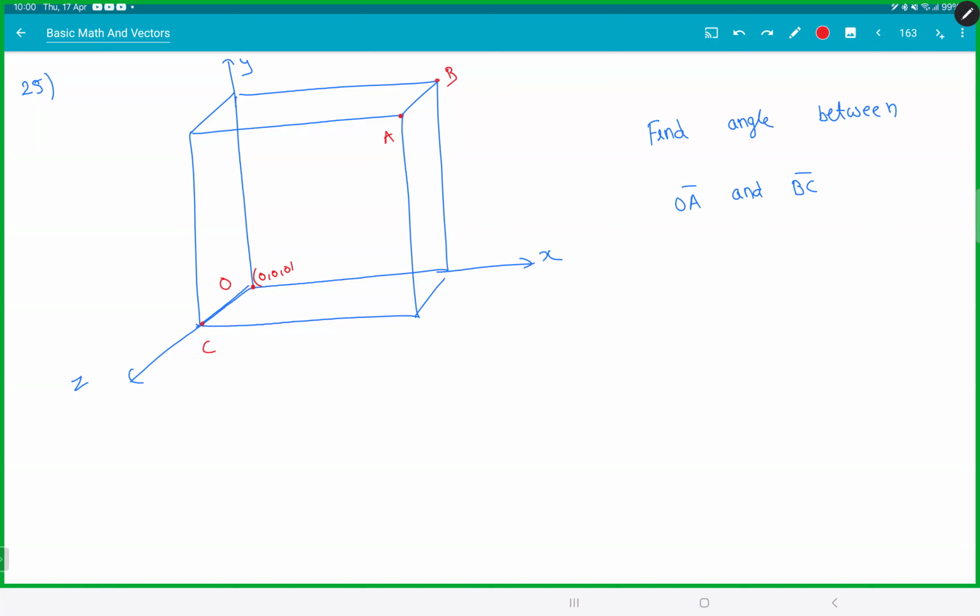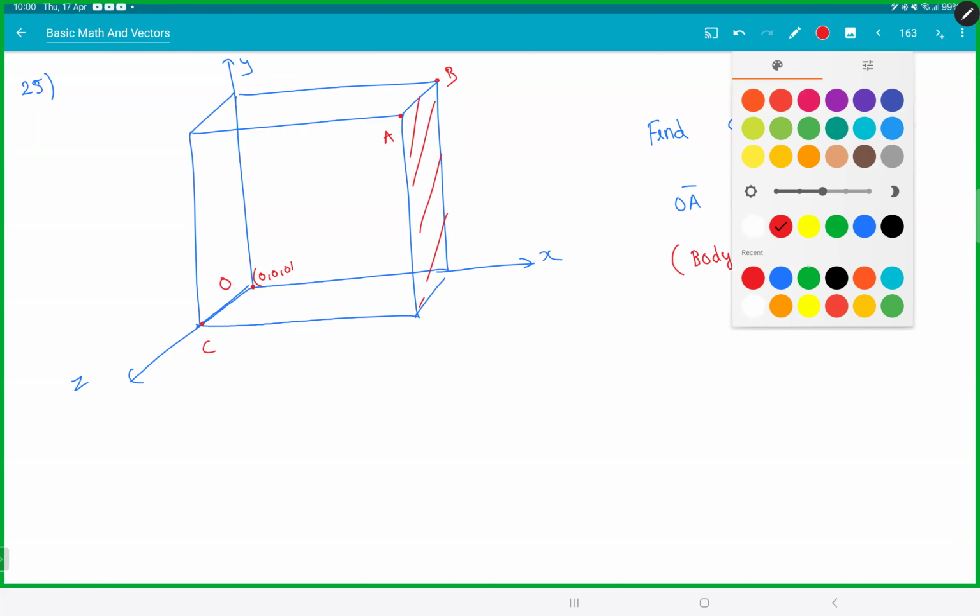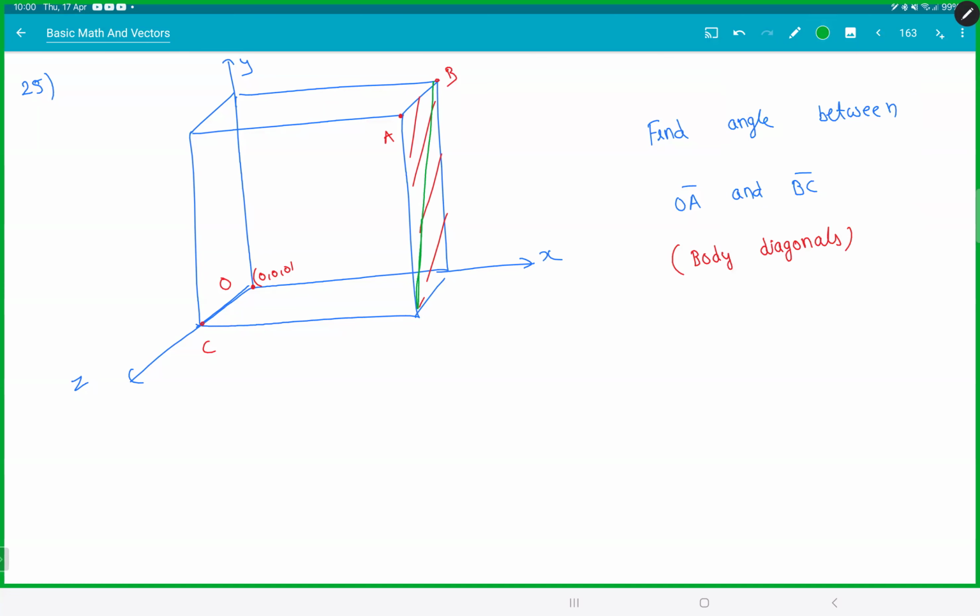If you look at these two lines, OA bar and this one, these are called body diagonals. Remember, there are face diagonals. If you look at this, this is the face. If you draw this line, this is the face diagonal. If you draw from this corner to this corner, this is the body diagonal.